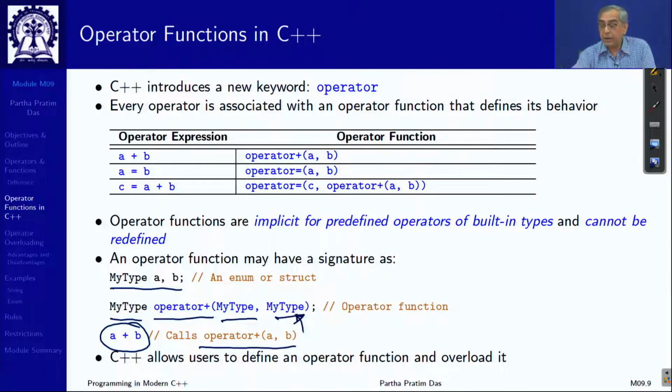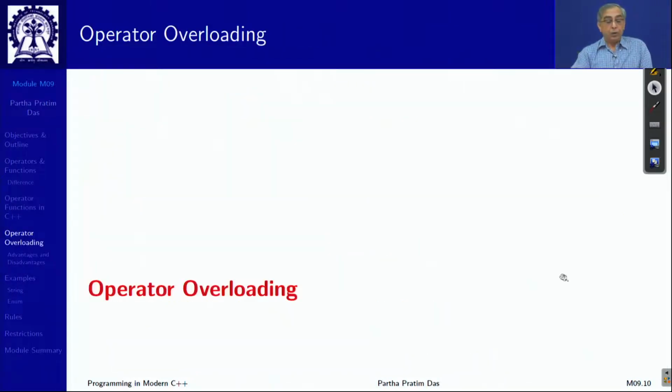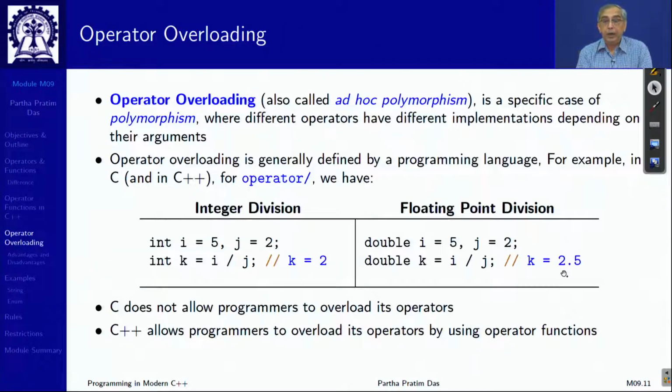This is what is known as operator overloading. Operator overloading is also known as ad hoc polymorphism. As we progress, we will have more polymorphism and so on. So, it is a specific case of polymorphism.